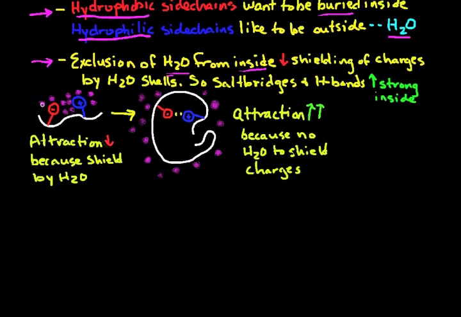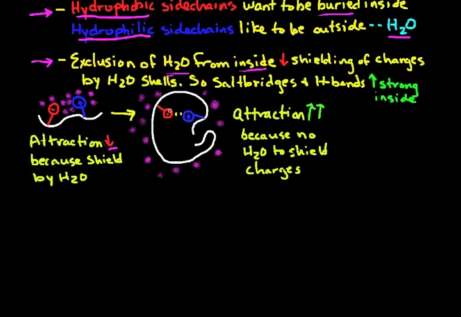I don't even know if that's a word, but you know what I mean. With the negative charge, the hydrogens of the water would be pointing toward that negatively charged residue, and here the oxygens would be reversed, pointing toward this positively charged residue. Either way, the charges are shielded by these shells of water, and that makes the attractive force between them reduced a great deal. So you want to think about that when you think about these guys being on the surface of a protein.